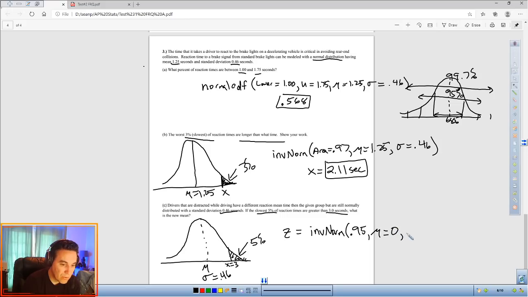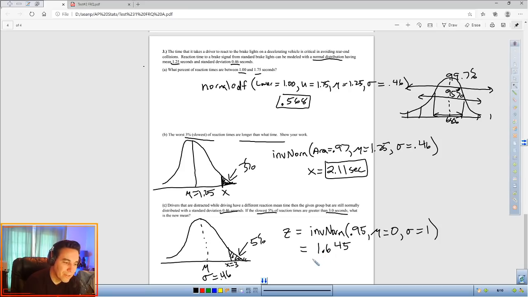We're going to make it 0, and we're going to make the standard deviation 1. Remember, if you want the z-score, we put in 0 and 1. That's how we do it when we don't know one of those. So area is 95%, 0 is my mean, standard deviation is 1. My z-score would be 1.645 basically.